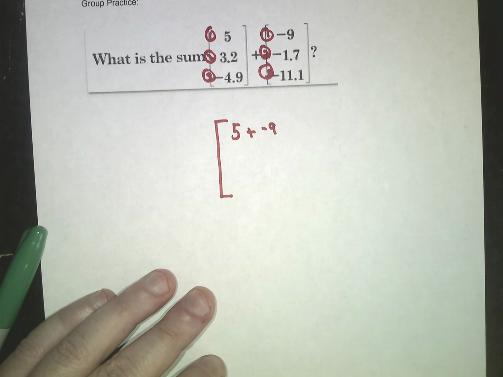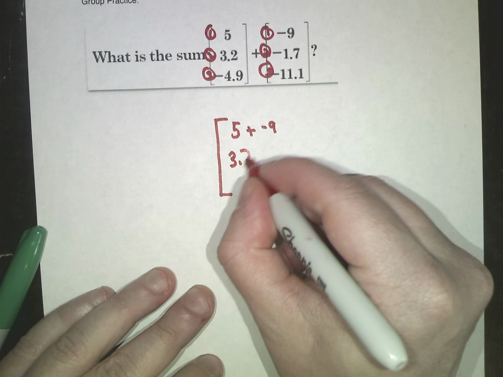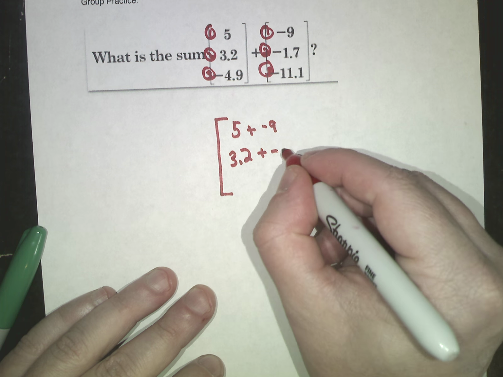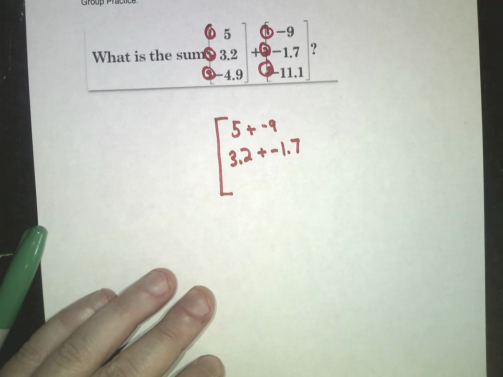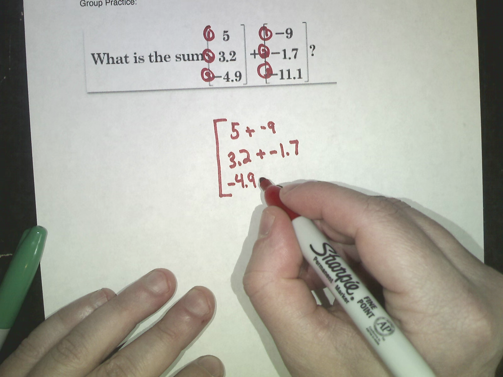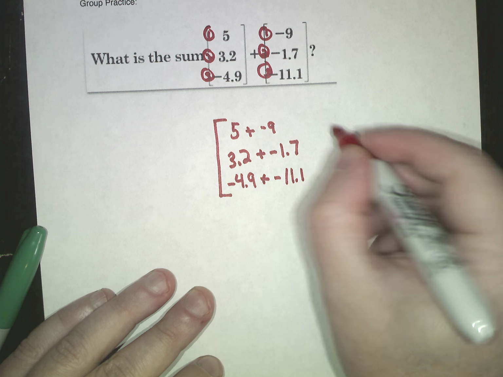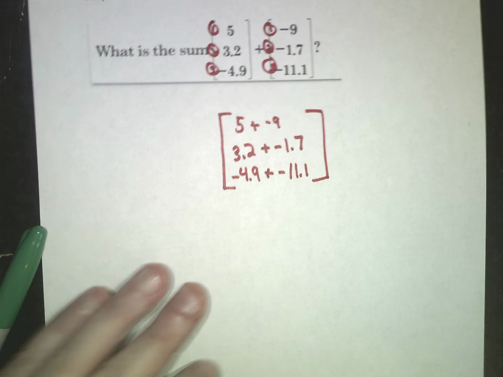Then I'm going to add the 2's together. 3.2 plus -1.7. And then finally I'm going to add -4.9 plus -11.1.